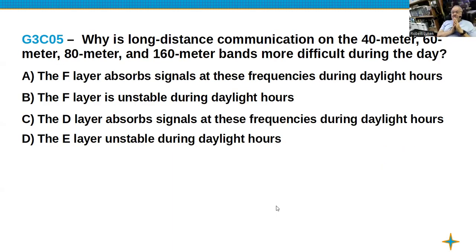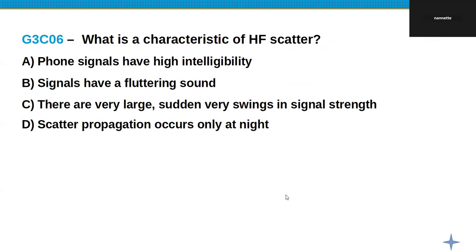Why is long distance communication on 40, 60, 80, and 160-meter bands more difficult during the day? Because it gets absorbed. So Charlie. What is a characteristic of HF scatter?